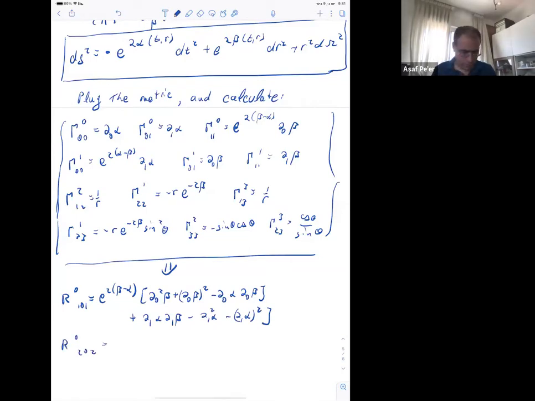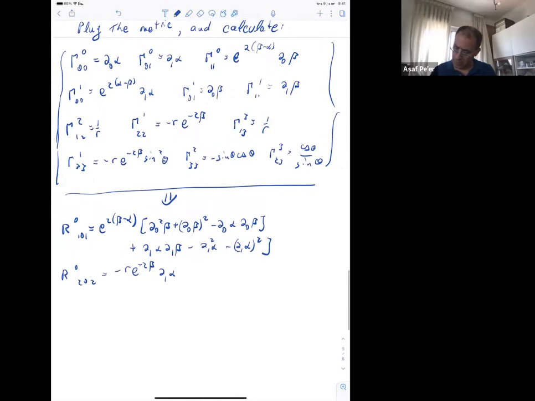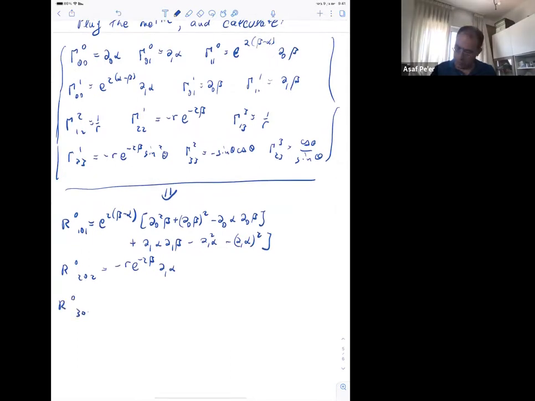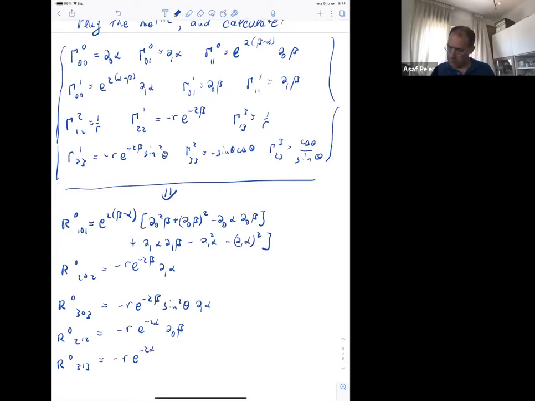R0202 is just minus R e to the minus 2 beta d1 alpha. R0303 is just minus R e to the minus 2 beta sine squared theta d1 alpha. R0212 is just minus R e to the minus 2 alpha d0 beta. R0313 is just minus R e to the minus 2 alpha sine squared theta d0 beta.